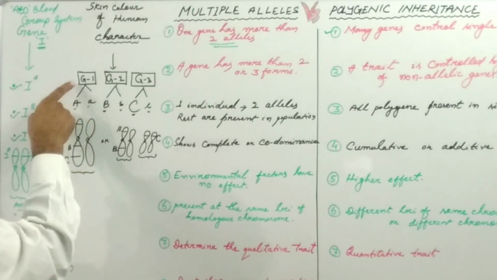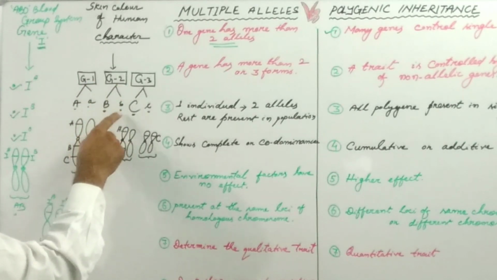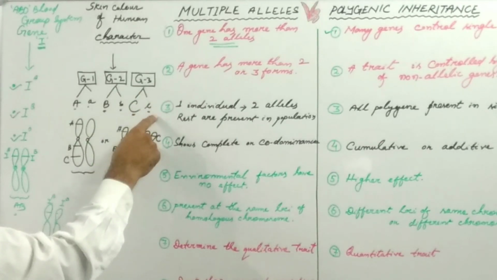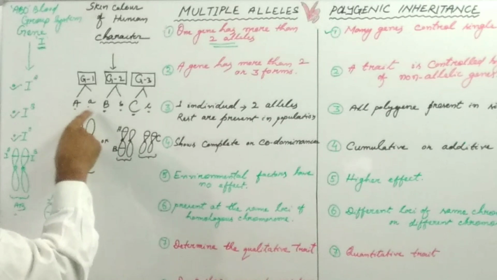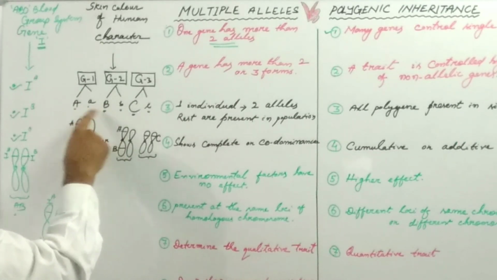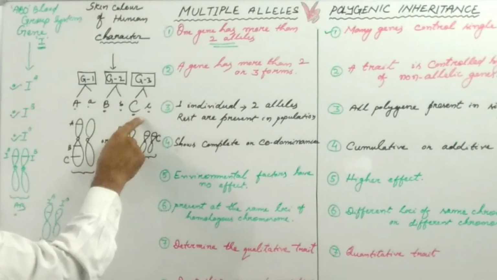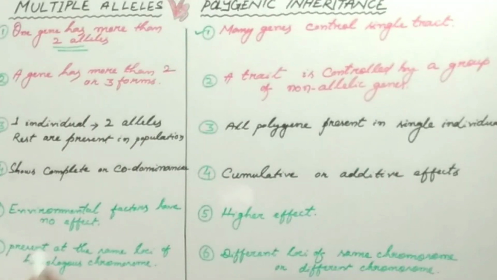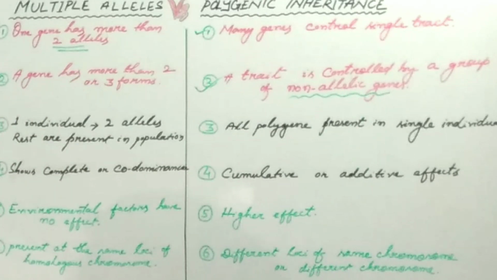But gene 1 and gene 2 have capital B and small b, and gene 3 has capital C and small c. So A and B are non-allelic, A and C are non-allelic, and B and C are non-allelic. So a trait is controlled by non-allelic genes.